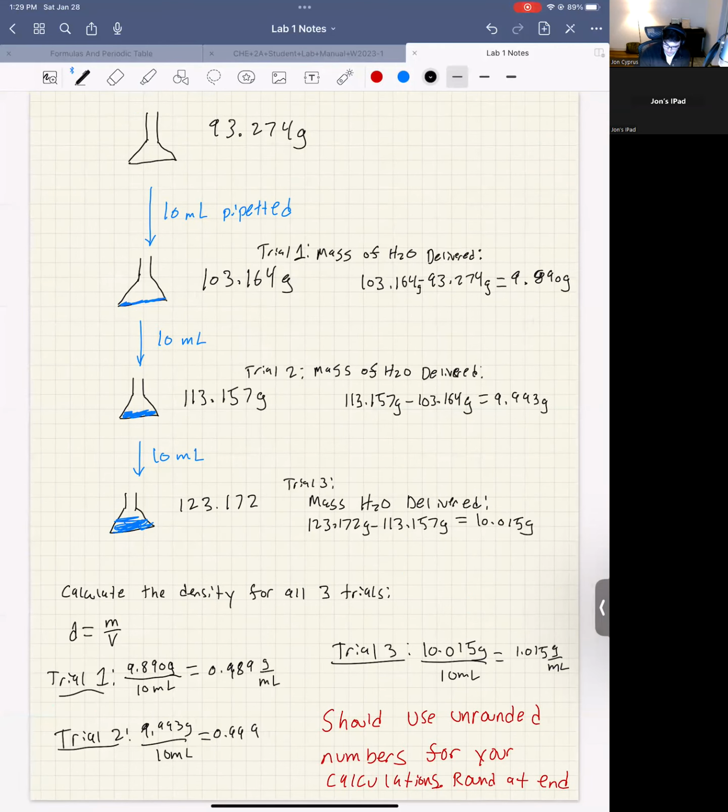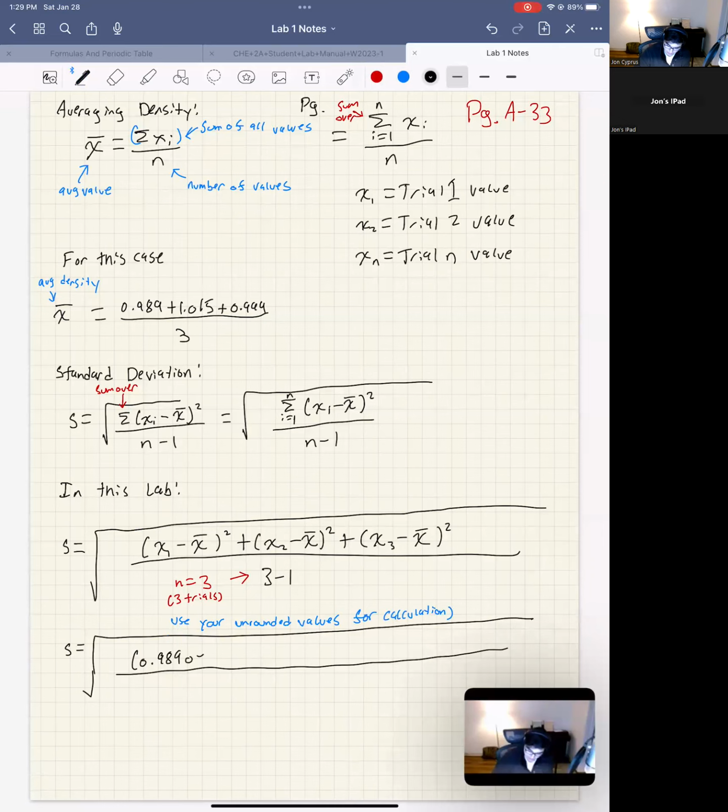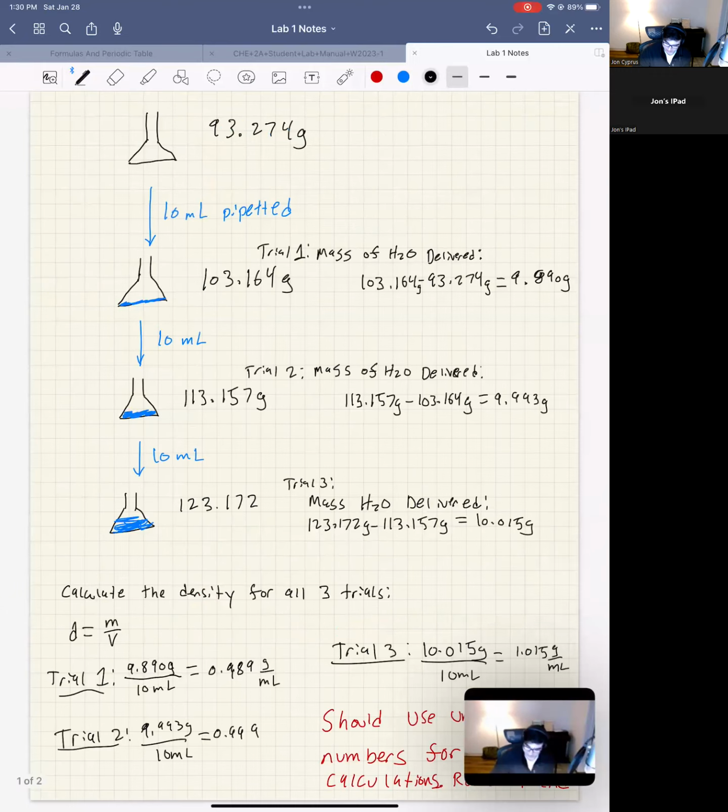So for trial 1, it's actually that. So here's that. And then my average is, let me find the unrounded value here. Oh, I actually didn't even plug this in. So I have to take my density.